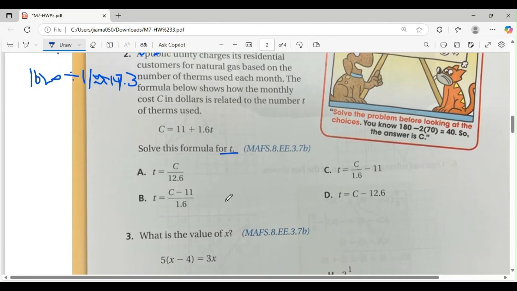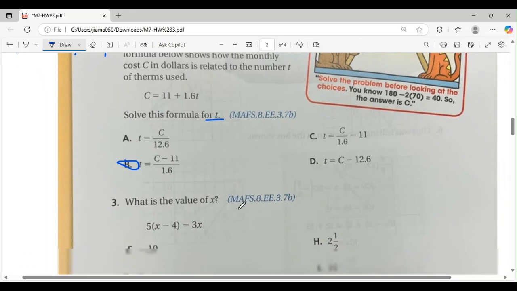So which is letter B, because we can find that letter B used C minus 11 first and then divided by 1.6.